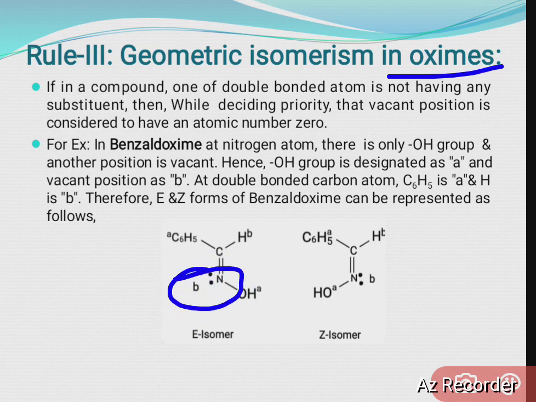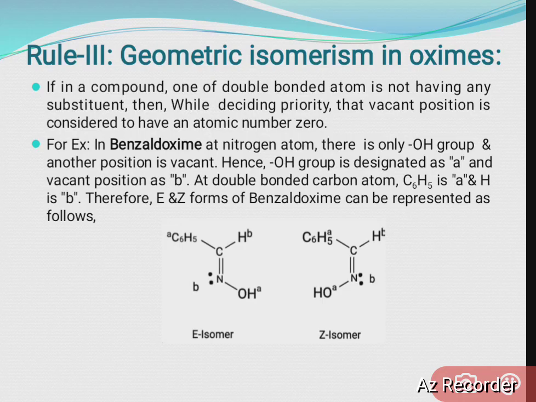Here only on one side we have the group, but on the other side there are no substituents present. Okay, in this case, how are you going to name these compounds? While deciding the priority, the vacant position is considered to have an atomic number of 0.